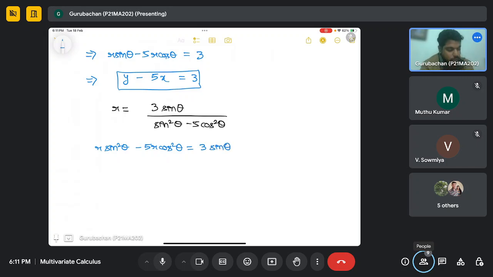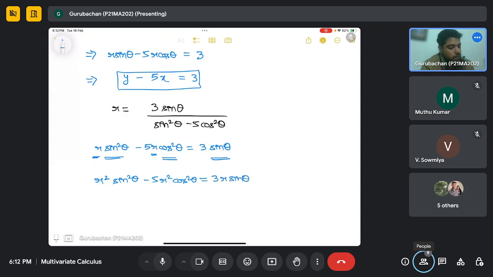Now here is a square of sine, square of cos, and here is one sine. But here the power of the r is 1, while here is also 1. So what we can do, we can multiply the whole equation with one r. So it will give us r square sine square theta minus 5r square cos square theta equal to 3 sine theta.